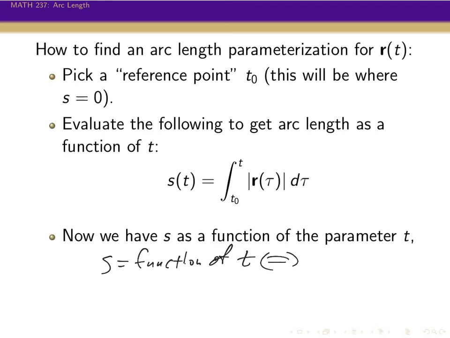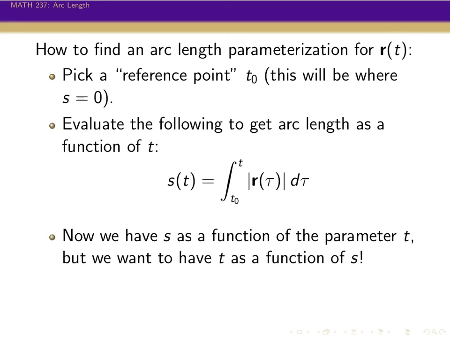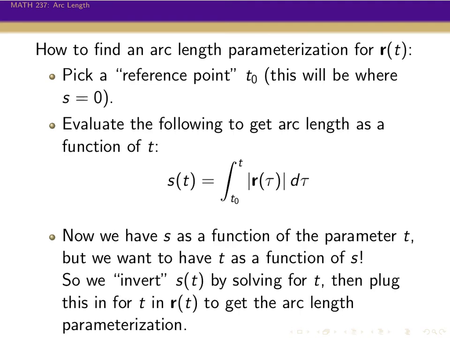We want t to be a function of s. We're going to start off with s of t, solve for t in terms of s, and then replace t in r of t with that function, and that's going to give us the arc length parameterization. Okay, so this was a bit abstract.